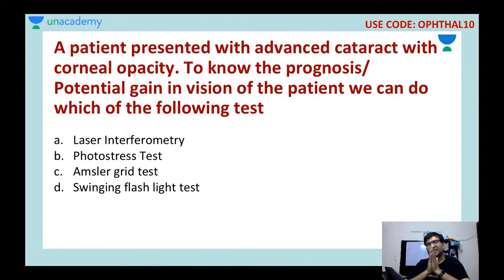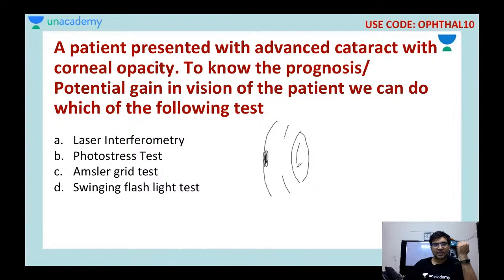To get the maximum visual potential of the patient, what you can do is a test from any of the clear area. So let's see, this is the lens and this is my pupil and here is my corneal opacity.